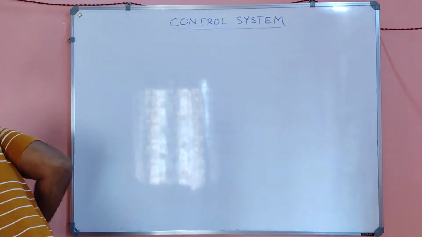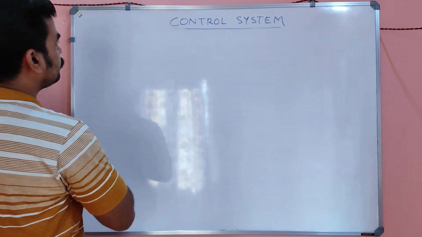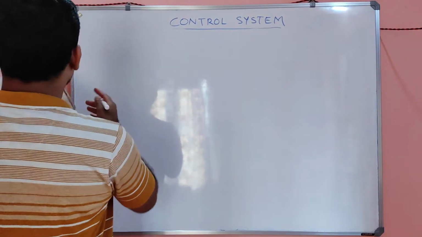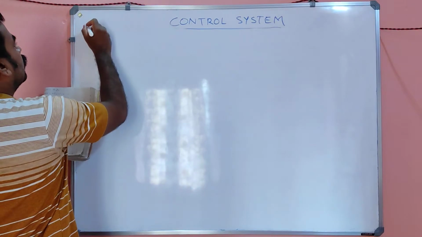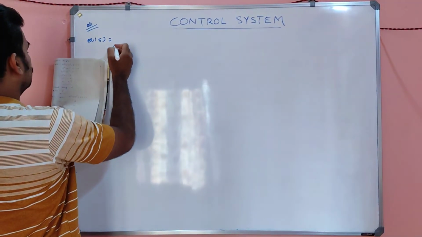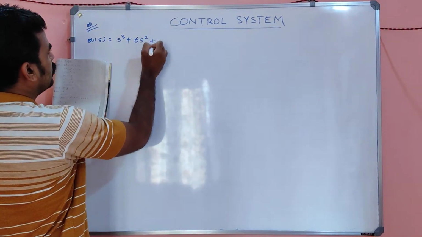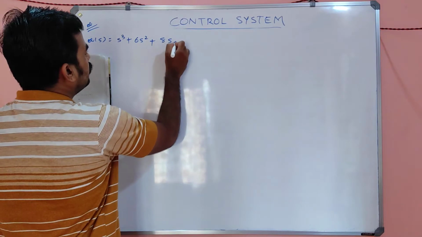Write a question, my dears. Let Q of S is equal to S cube plus 6 S square plus 8 S plus k.